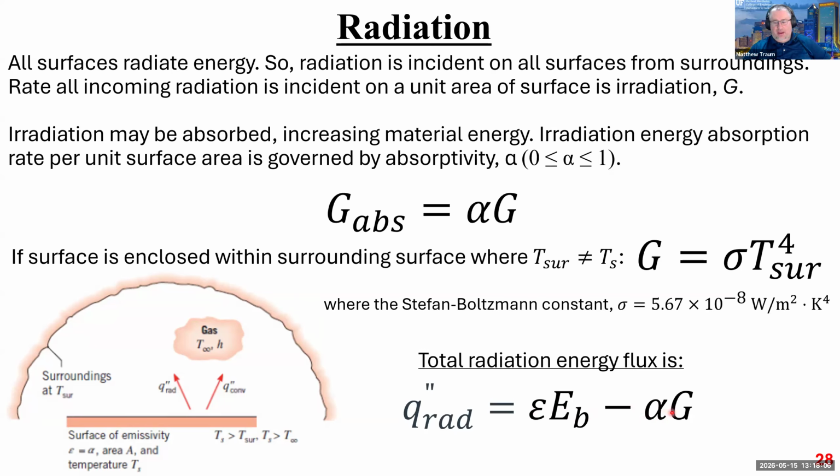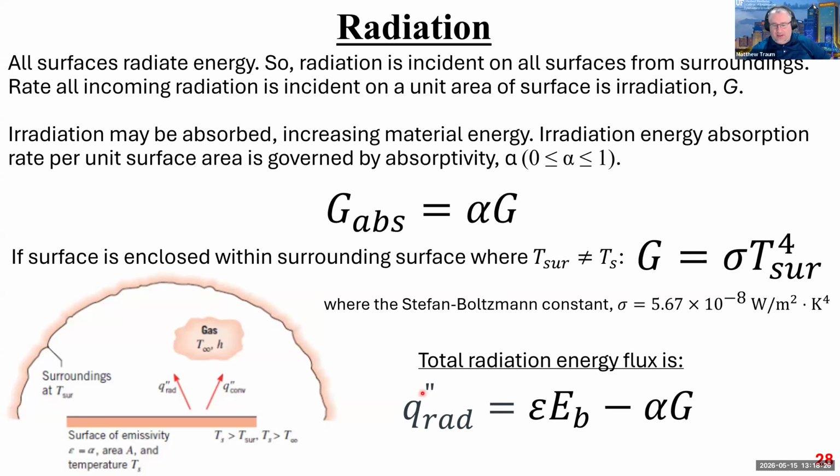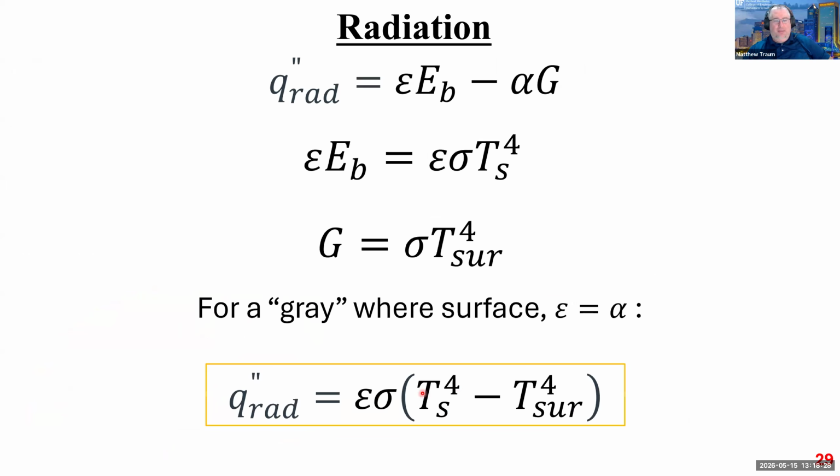So alpha times irradiation. These two things are really abstract, hard to measure: irradiation, and the emissive power. And so we want to convert this into something measurable like a temperature.